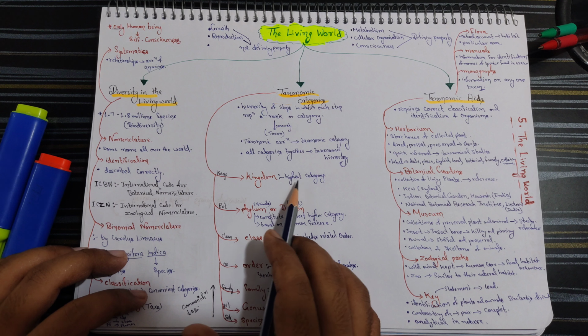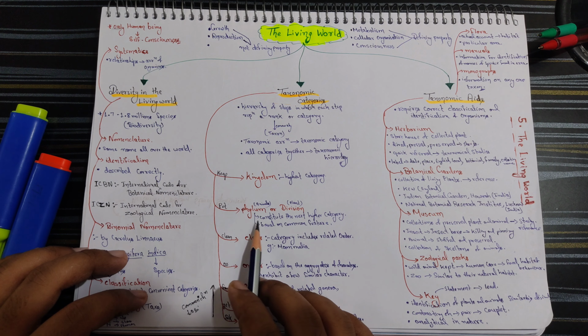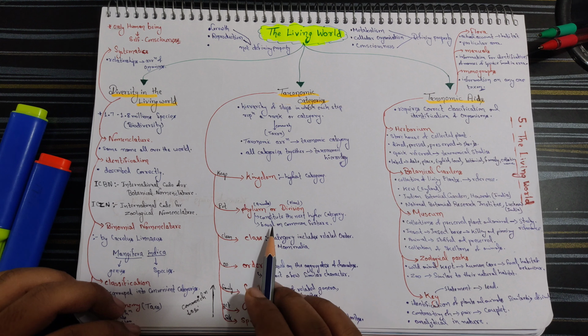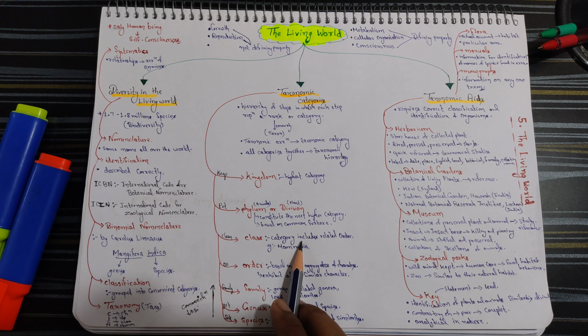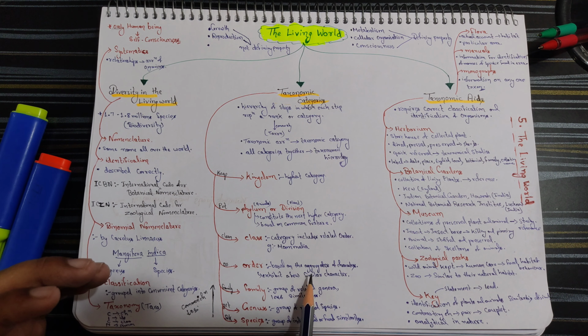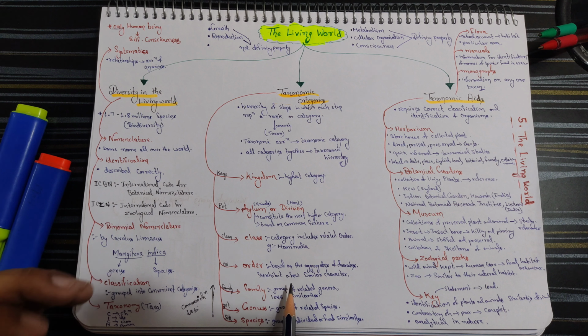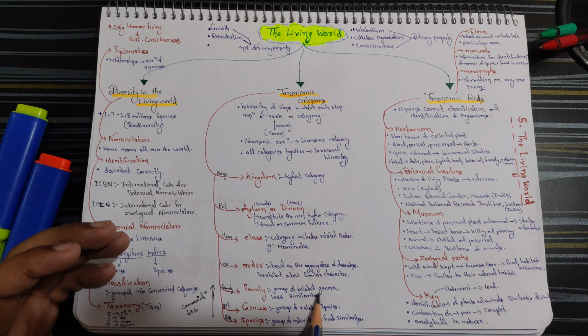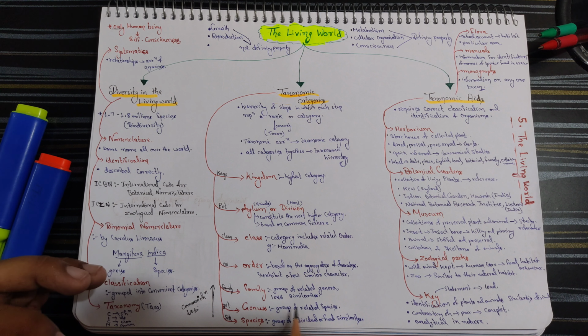Kingdom denotes the highest category, phylum consists of the next higher category based on common features. Class denotes a category including related orders, for example mammals. Order is based on an aggregate of characters, exhibiting a few similar characters. Family is a group of related genera, with less similarity.